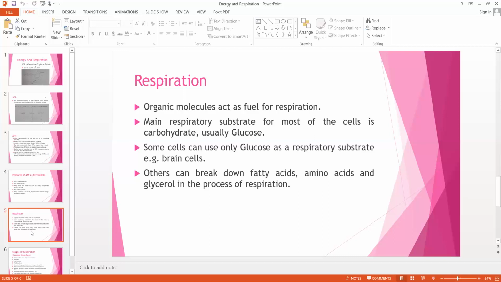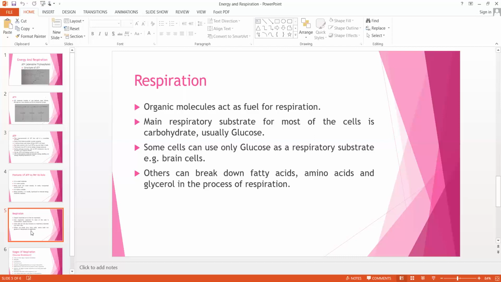But remember that when we talk about the stages and the process of respiration in detail, we are going to study those stages with reference to glucose breakdown only. The breakdown of fatty acids, amino acids, and glycerol enters the process of respiration at various stages.